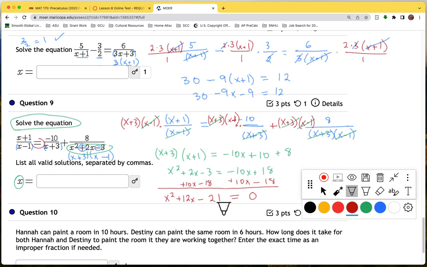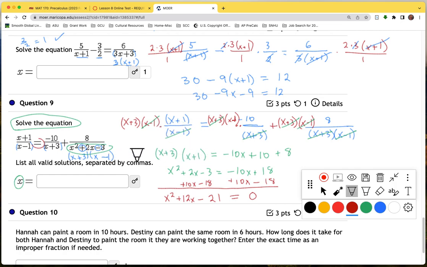Let me just check my answer in advance. It looks like we're going to need to use the quadratic formula because this doesn't factor in this form, unless I've made an error here, which is always possible.